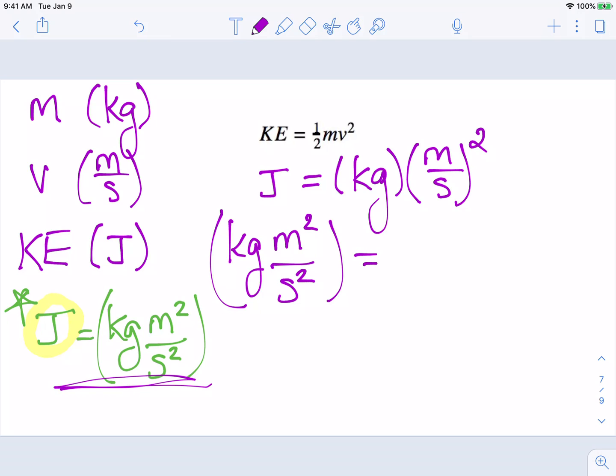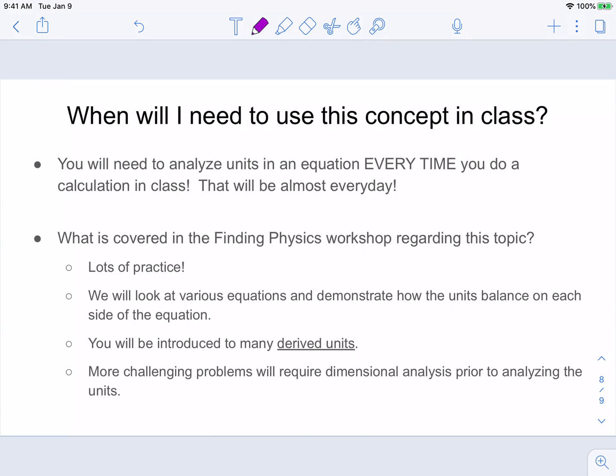And that equals a kilogram times, now I have to distribute that square. So my meter gets squared and my second gets squared. And take a look. They're the same. Both sides of the equation work out to be the same thing. The equation here is we're seeing that the units on both sides are equal. It's a logical equation, and we can see that the units are working out properly.